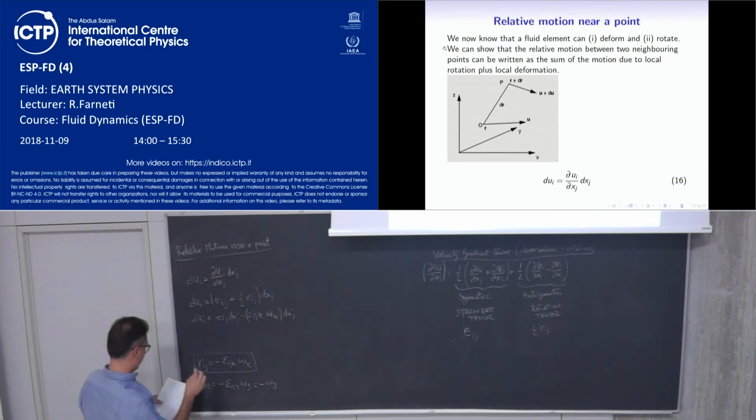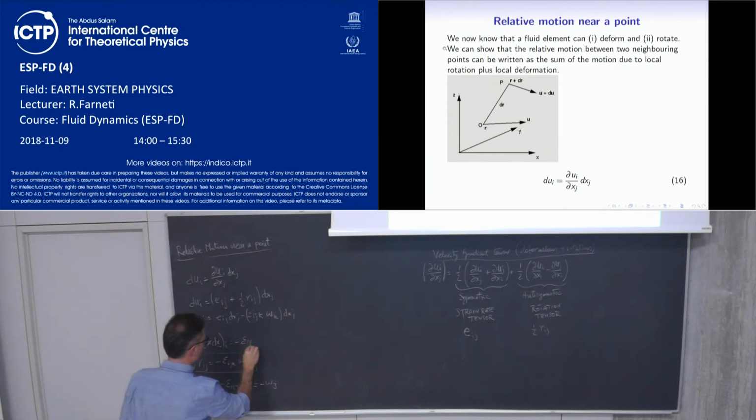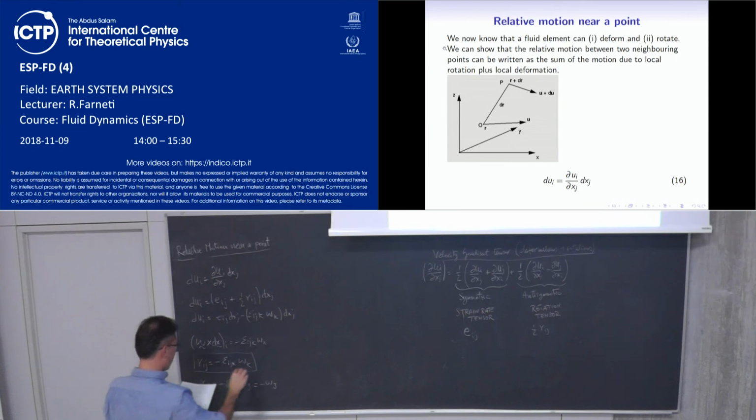So you can also show that this is equal to minus epsilon_ijk vorticity dx_j. This takes a little bit.